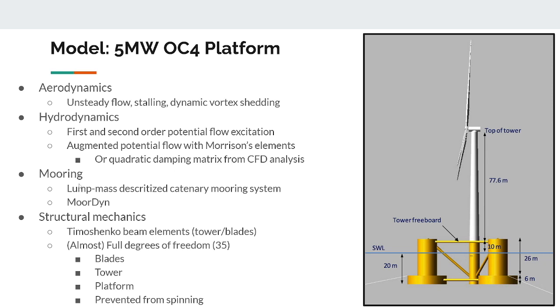For the moorings, it uses MoorDyn, which is a lumped-mass discretized catenary mooring system. For structural mechanics, it has Timoshenko beam elements, so large deflections add a moment onto the beam as well. And it has almost full degrees of freedom, but the turbine is prevented from spinning.